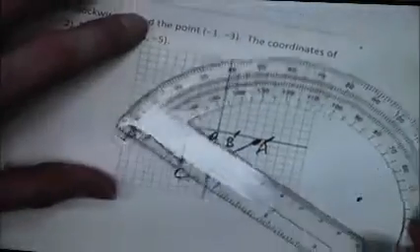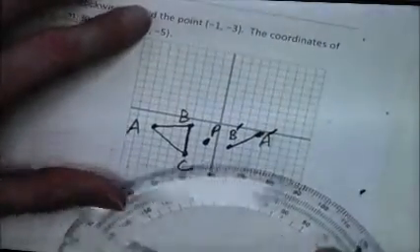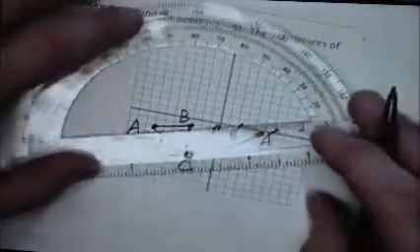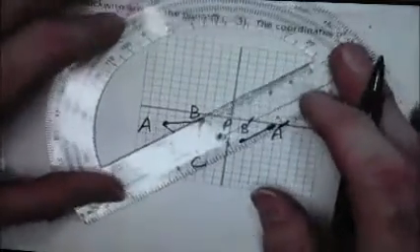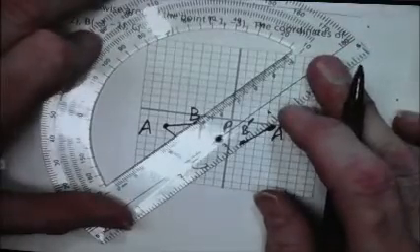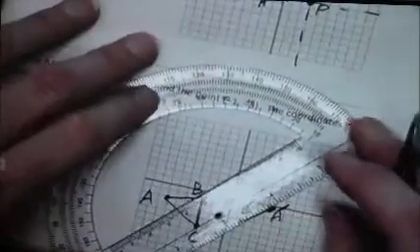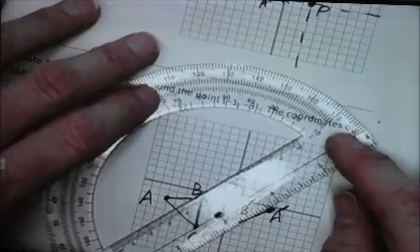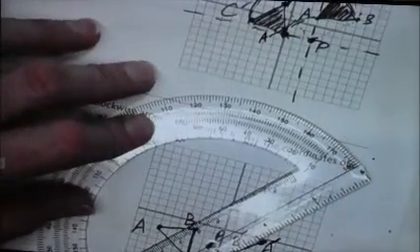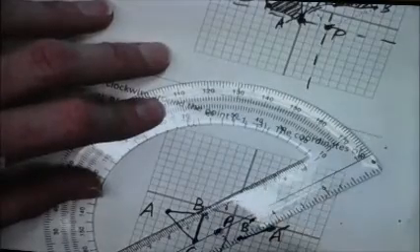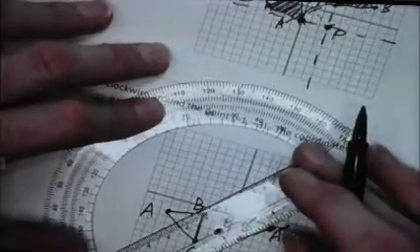I did a mistake. Let's do C first before I draw any more lines with you. I'll go through my mistake because it's an easy one to do. I've done it before, so I did it this time again. P to C, and if that's P to C here, then 150 looks like it's about here.